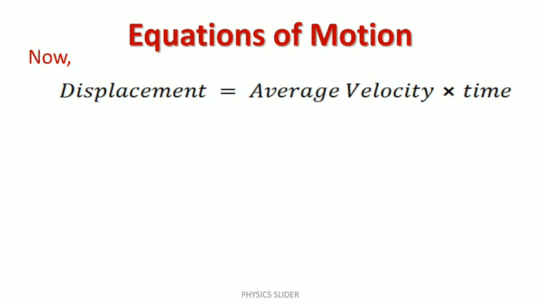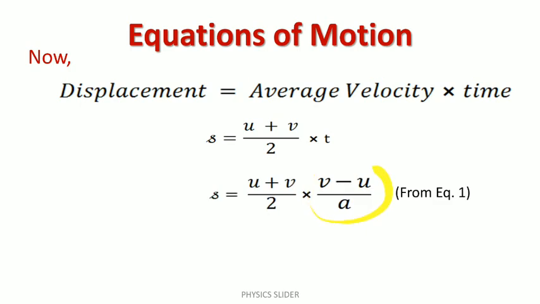Here the velocity is again non-uniform, that's why we have taken the average velocity, which is u plus v upon 2 into time t. Now we will put the value of this t from equation 1, which is v minus u upon a. We have put the value of t.